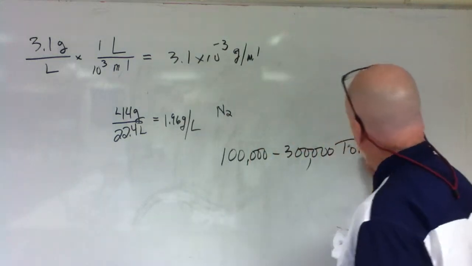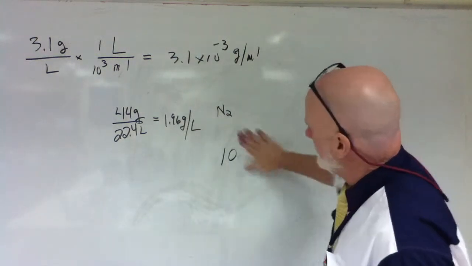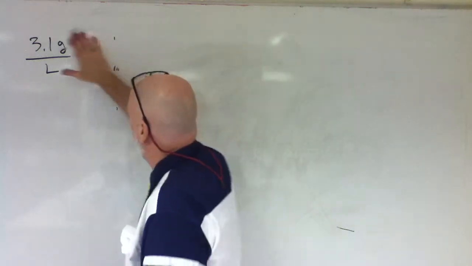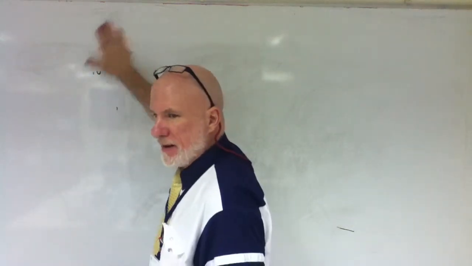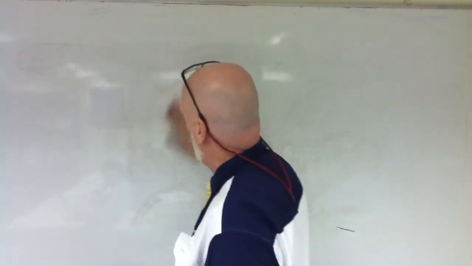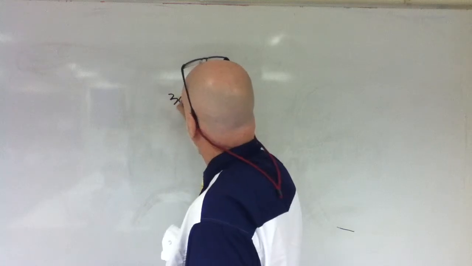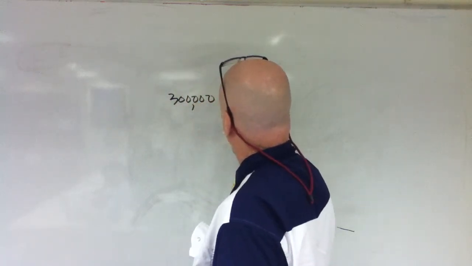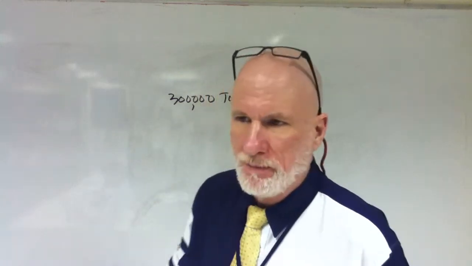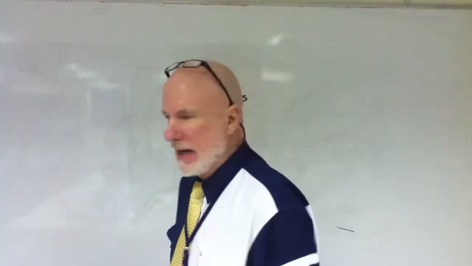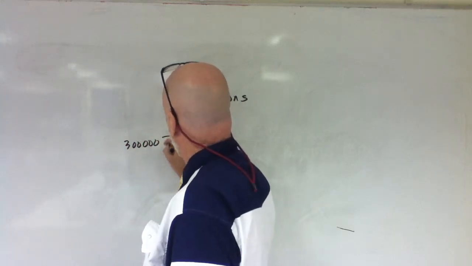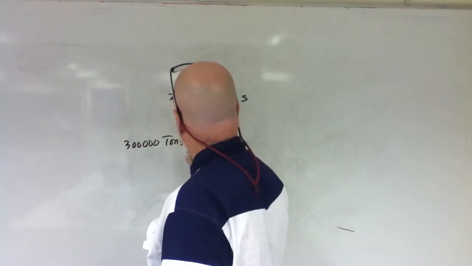So you have 300,000 tons, right? How many pounds is that? We've got to use pounds. How many pounds is a ton? So let's convert it to liters. This is carbon dioxide. So 300,000 tons.